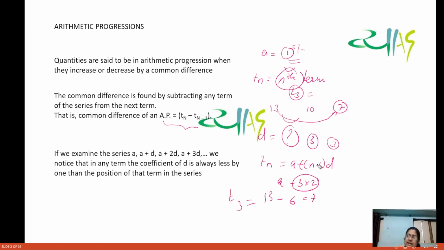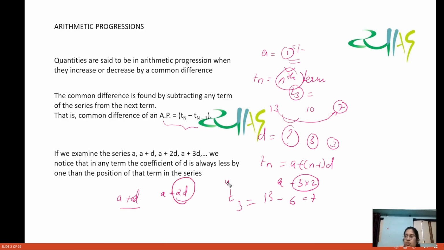So are you getting this? A plus n minus 1 into D is the nth term. What I am saying is that if you want to find the second term of AP, just add the common difference to it. If you want to find the third term of AP, just add 2 times the common difference.